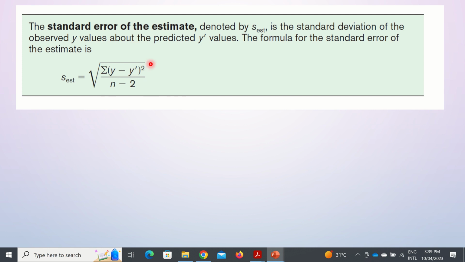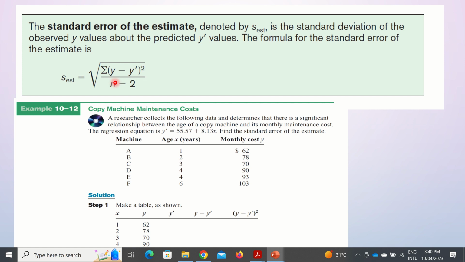This gives you the standard error of estimate. If this value is getting close to 0, it means the regression line is the best one and it is representing most of the data. And if it is getting bigger, it means the regression line has not properly explained the given data.